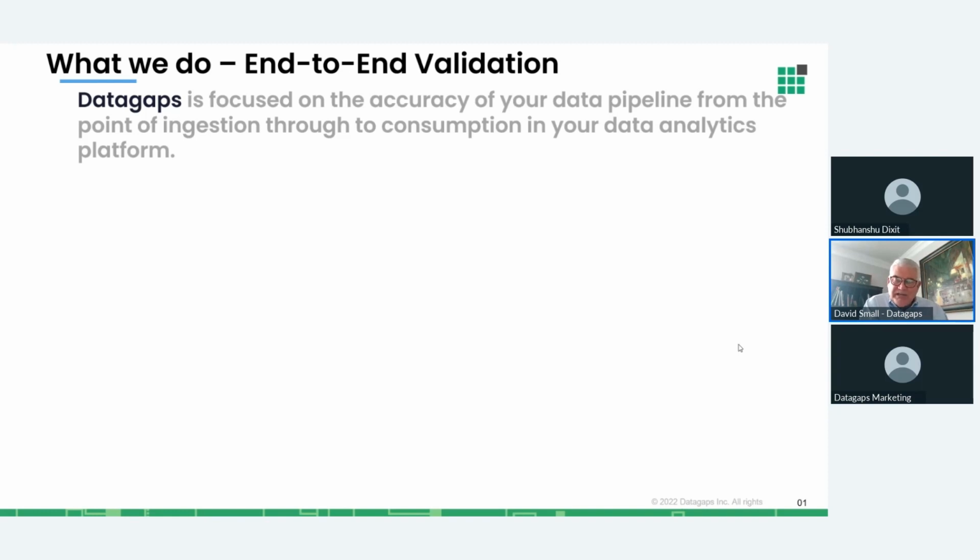As it moves through your ETL processes, we help validate that the data has been transformed and moved through those processes accurately. And then finally, as it gets consumed in your data analytics platform, today we'll be talking about Tableau, we help with regression testing and a variety of things along those lines.